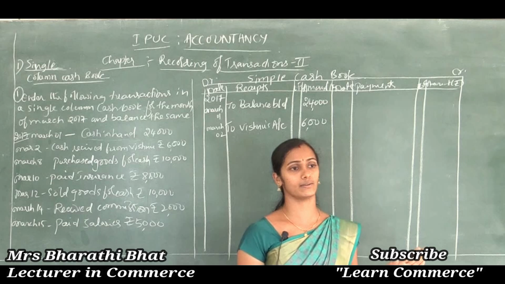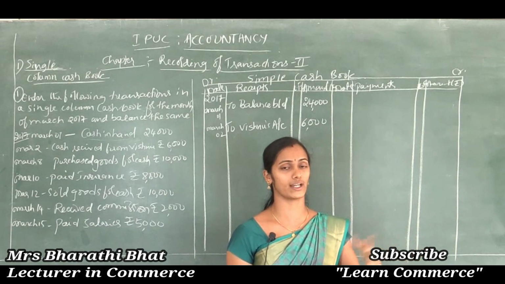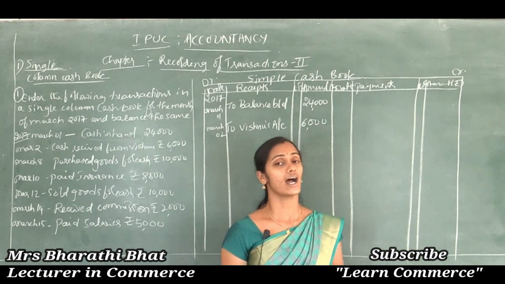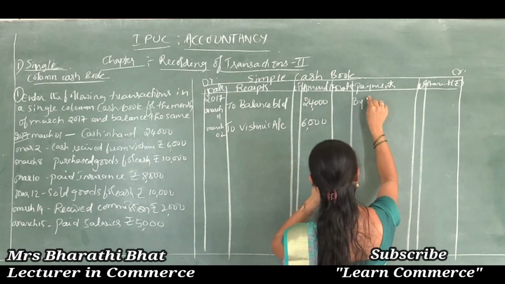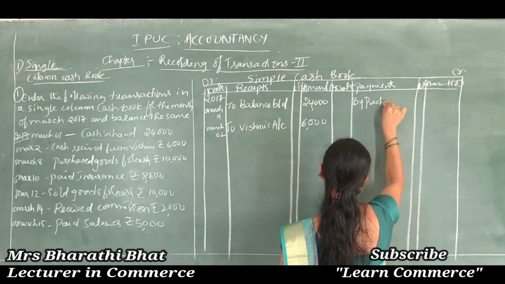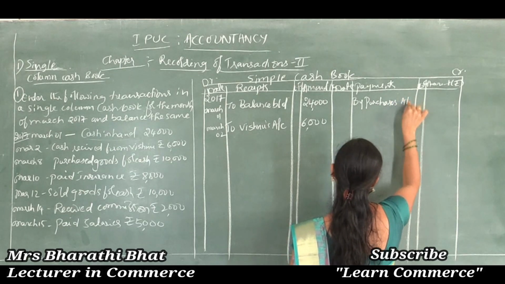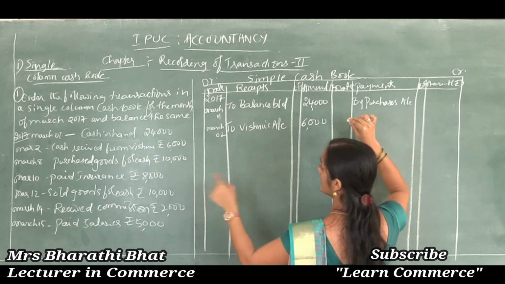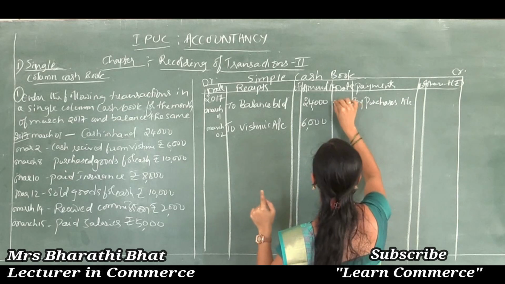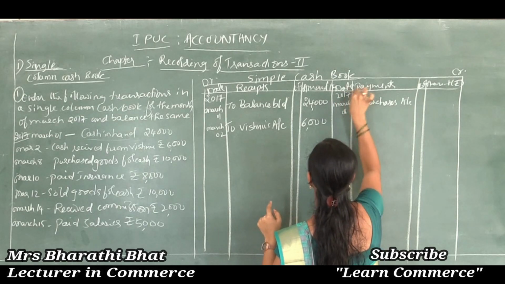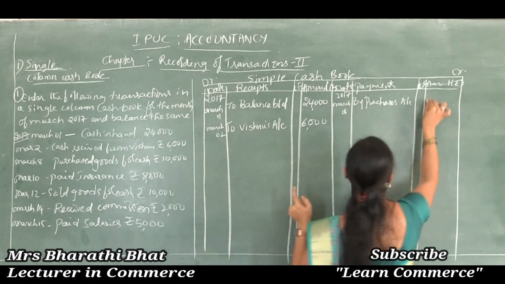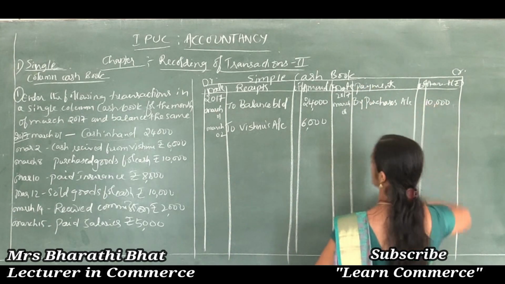We need not mention any asset name or stationery or any other item's name. So just by purchases account, date March 8, 2017, March 8, amount 10,000.